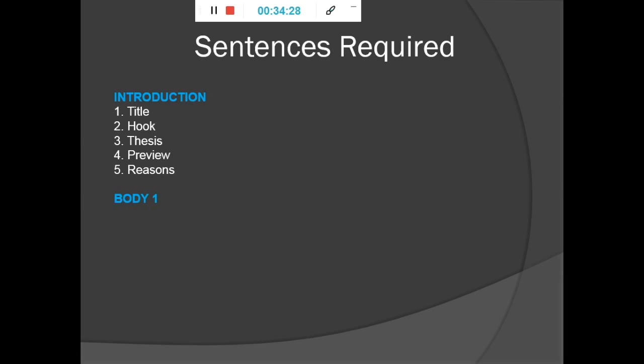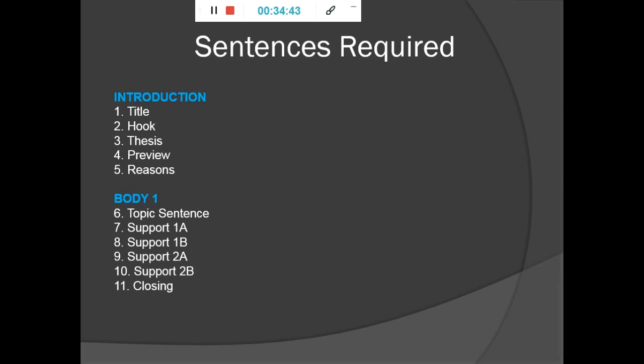And body 1, we need a topic sentence, support 1A, support 1B, support 2A, support 2B, closing sentence, the one with therefore.